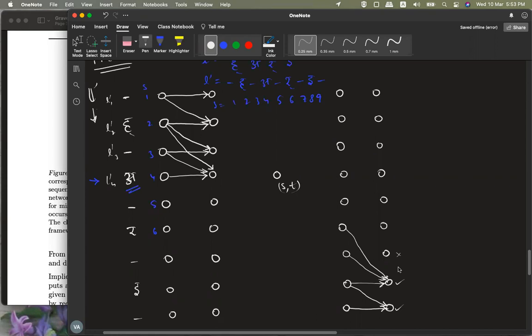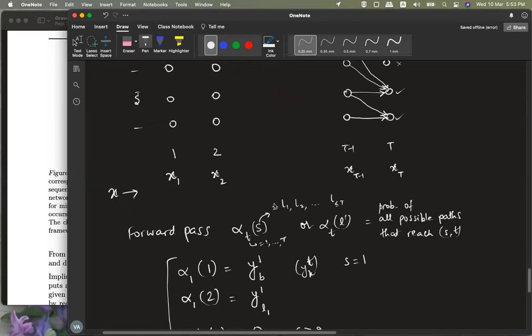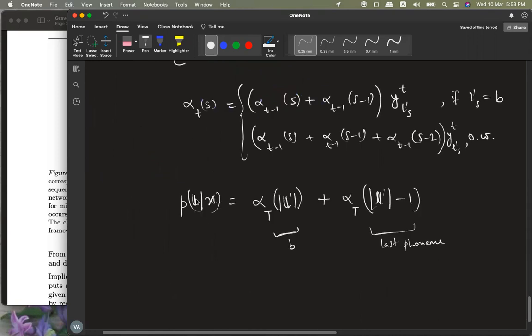But there will be some paths for which this probability will be non-zero, and those are the paths which pass through this node, right? Basically, I have the derivative of this P(Z given X) with respect to ∂y_{kt}, where k is some L'_s.